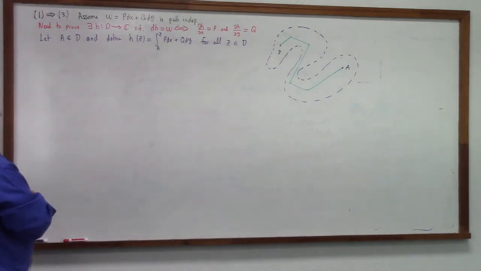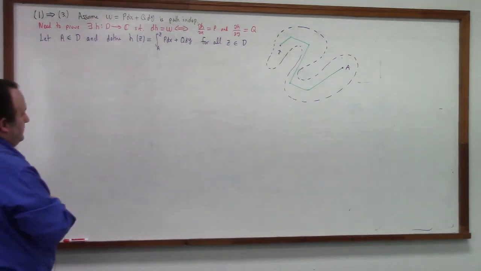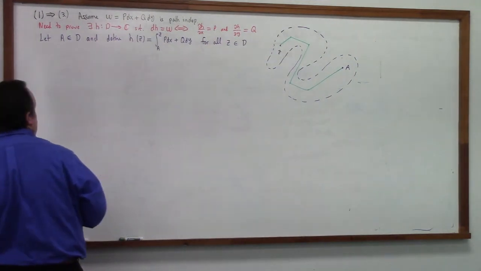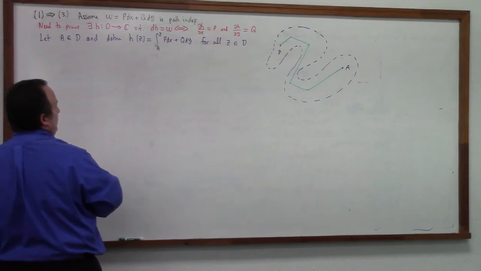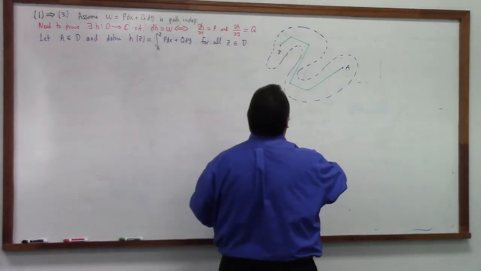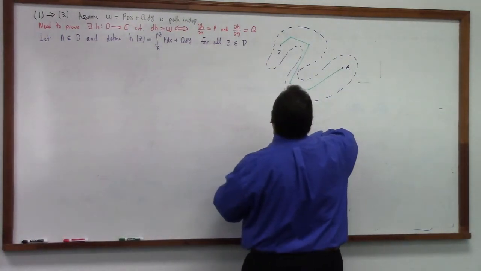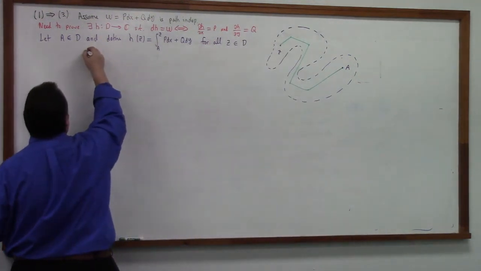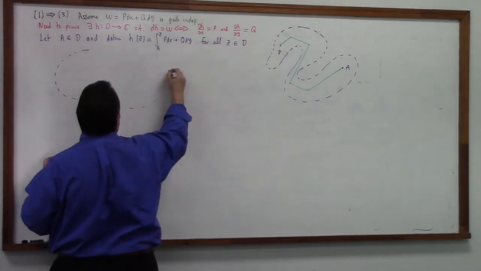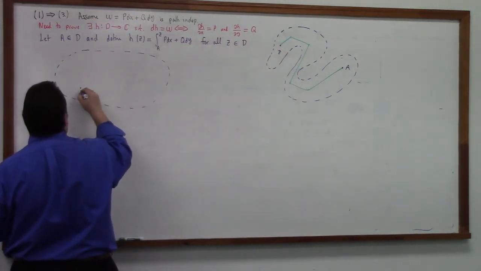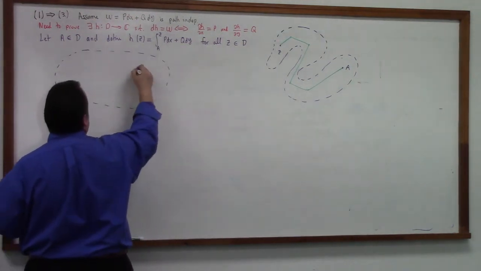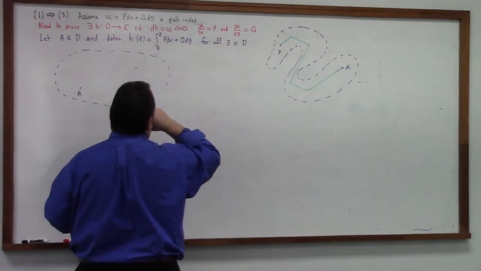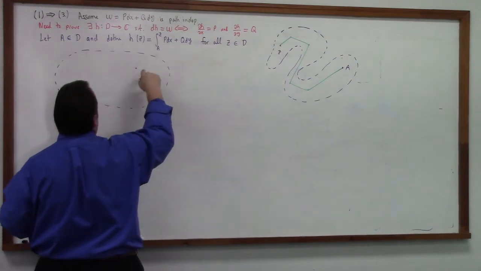So what do we have to show? Let me make my picture over here a little bit less annoying. I'm just going to make it simpler. So here's my A, here's my point, another point.